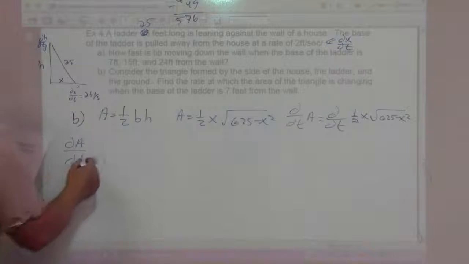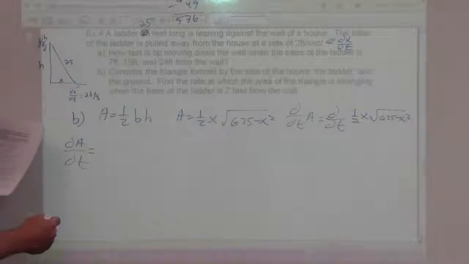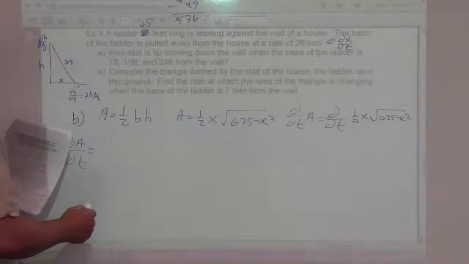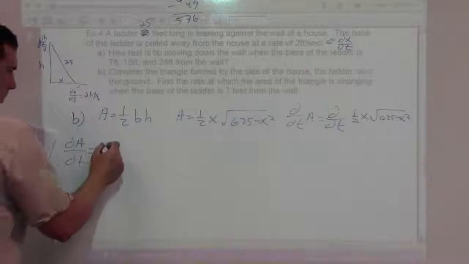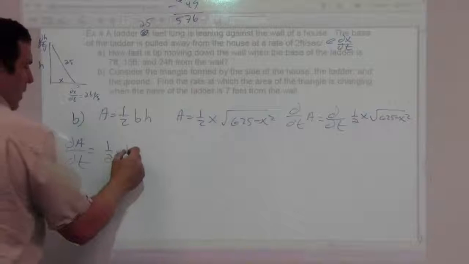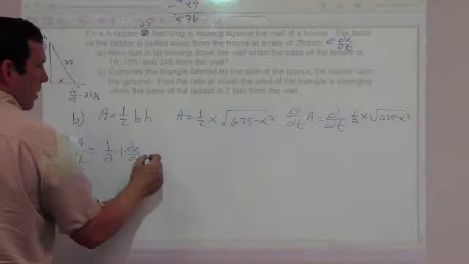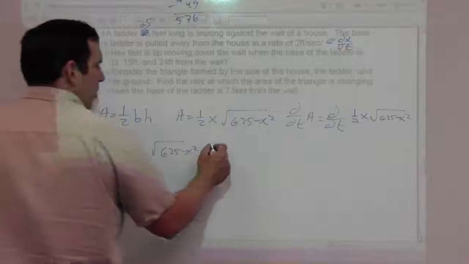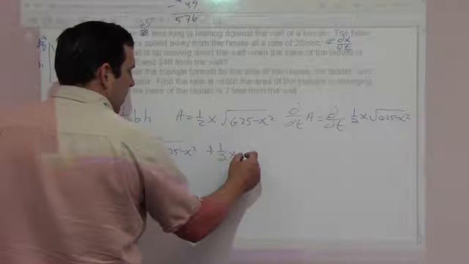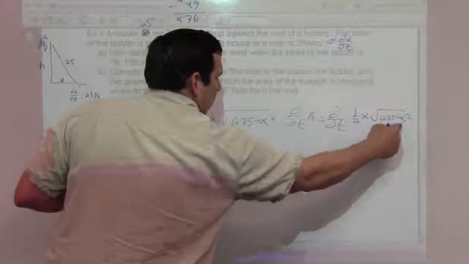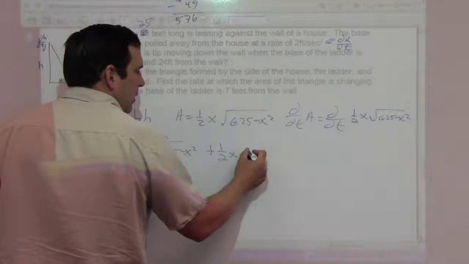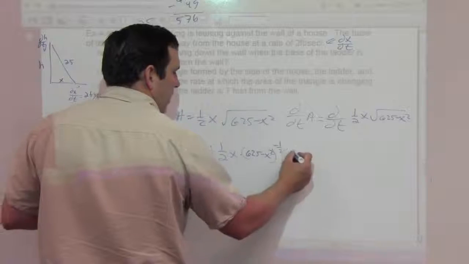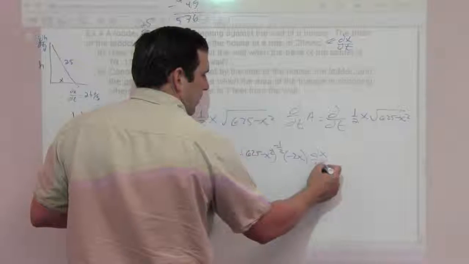So dA dt equals, product rule, 1/2 times 1 times dx dt times the square root of 625 minus x squared, plus 1/2 x times the derivative of the 625 minus x squared, which is going to be 625 minus x squared to the negative 1/2 times negative 2x dx dt.